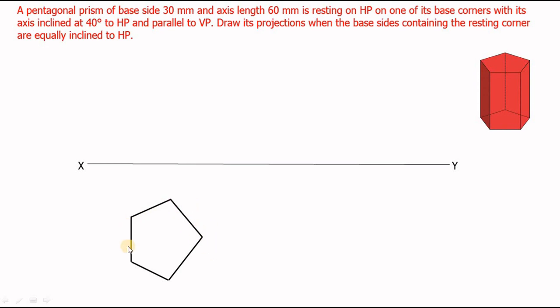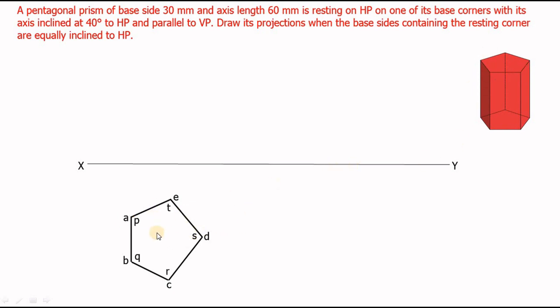Clear? So let us name all the corners as A, B, C, D, E. I have named these A, B, C, D and E since they are the top face corners. I have written these names outside the diagram, which means the corners are top face corners.